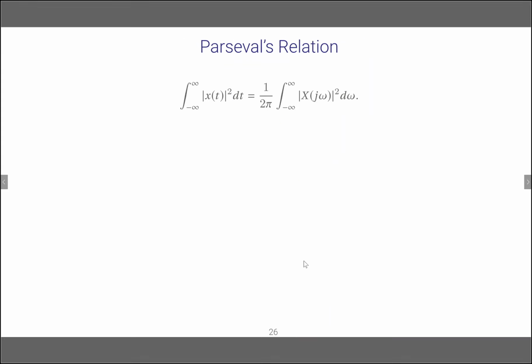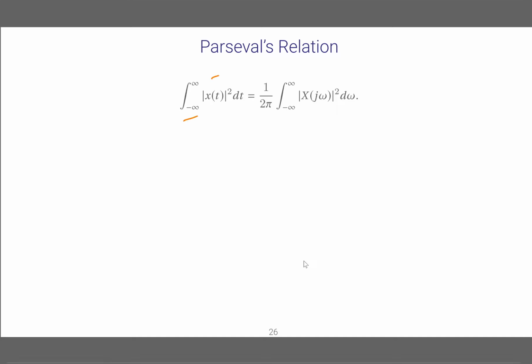Then we have the Parseval relation, once again similar to the Fourier series. The integral from minus infinity to infinity of modulus of x(t) squared dt is equal to 1 over 2 pi times the integral of modulus of the Fourier transform X(j omega) squared d omega. The relationship was very similar in Fourier series.